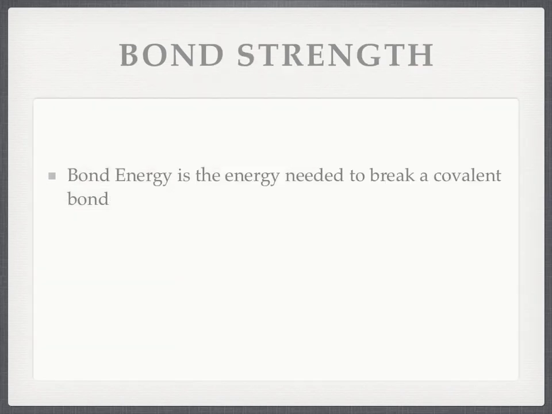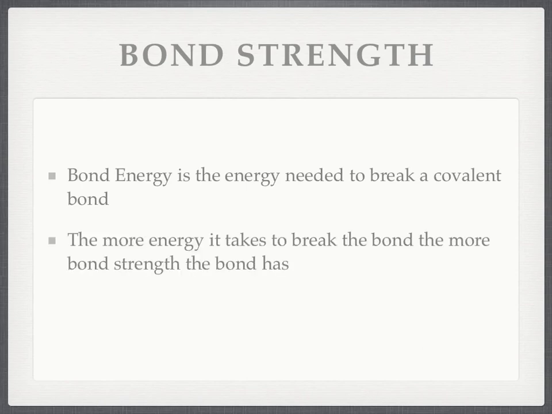Bond strength, usually when they talk about that, they're talking about how much energy it takes to break a covalent bond. And the more energy it takes to break this bond, the bond strength is considered to be higher. So if it takes a lot of energy to get that bond apart, it would have high bond strength. Usually when they measure bond strength, they do it in kilojoules per mole.